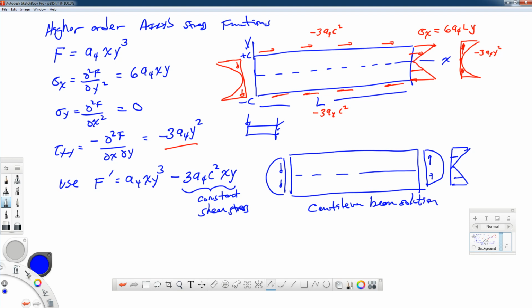Well, the last thing we need to do with this is we really don't know what loads we're applying to the cantilevered beam unless we do a little bit more work. If we integrate this stress distribution for tau xy over that area, then we'll get the equivalent force in the vertical direction.